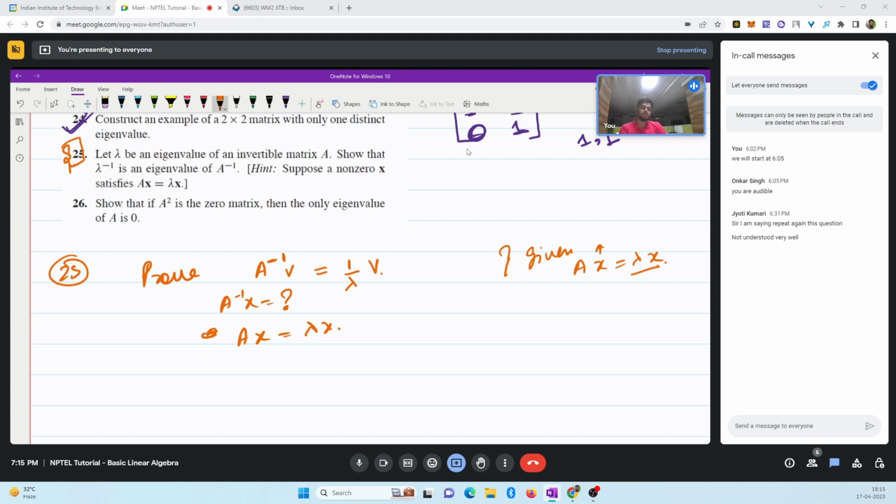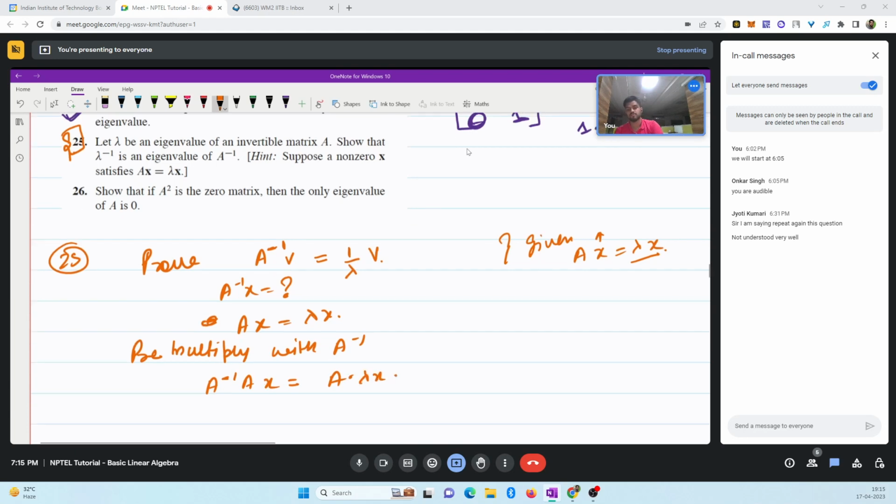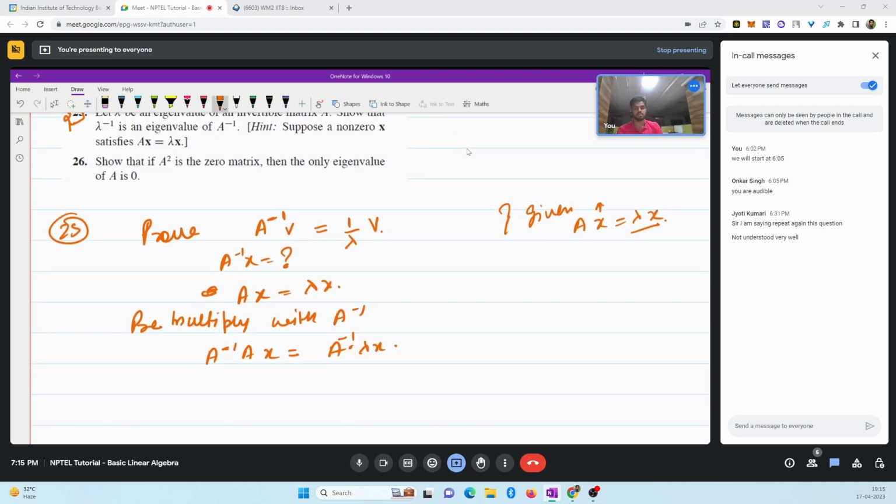If I pre-multiply this with A inverse, what we obtain is A inverse into Ax is equal to A inverse into lambda x.